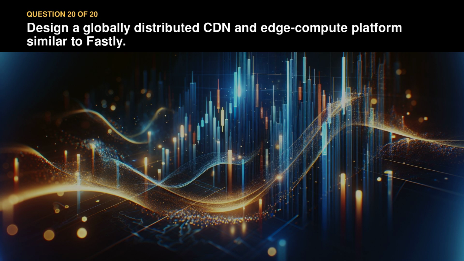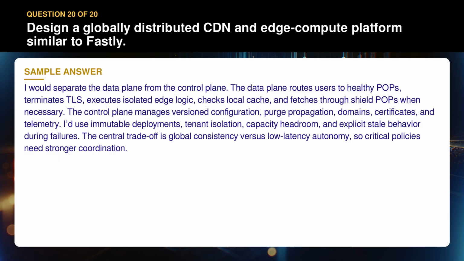Question 20. Design a globally distributed CDN and edge compute platform similar to Fastly. I would separate the data plane from the control plane. The data plane routes users to healthy POPs, terminates TLS, executes isolated edge logic, checks local cache, and fetches through shield POPs when necessary.